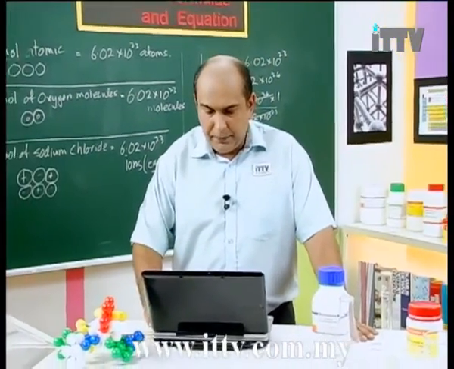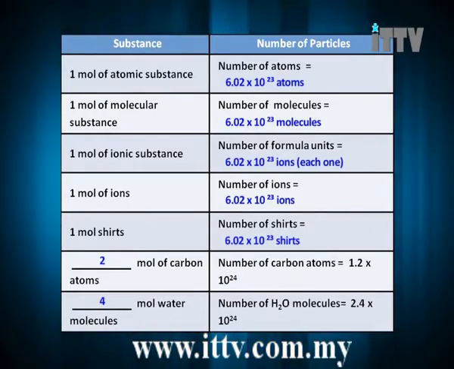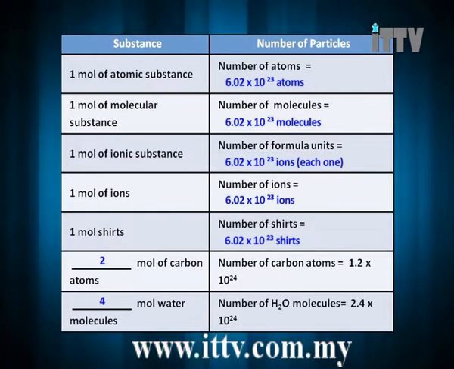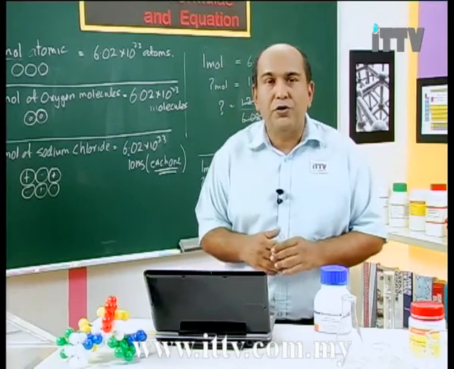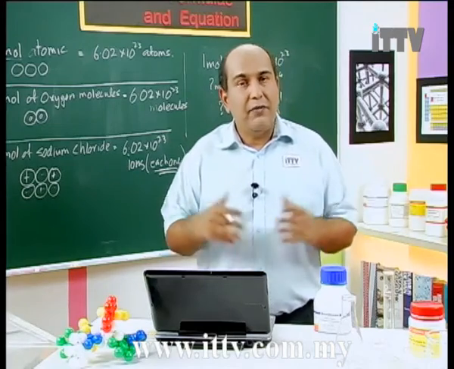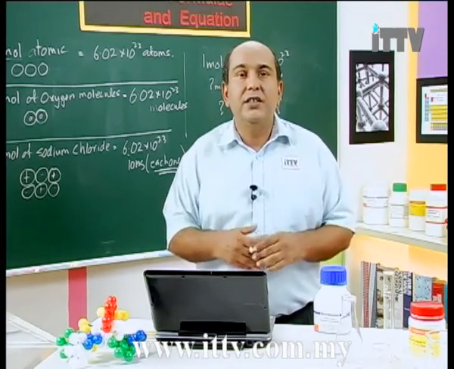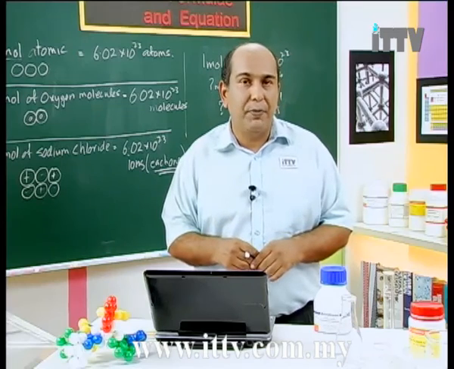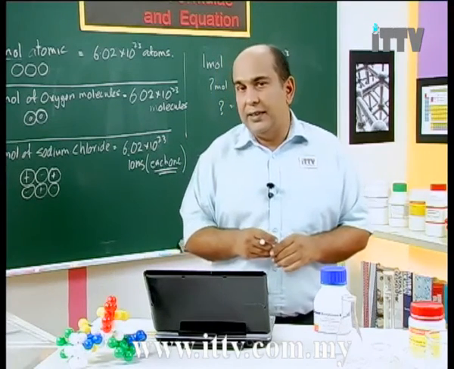Let's check. The answer in this case will be 4 mole of water molecules. Good. So 4 moles of water molecules have got the Avogadro number times 4, which is 2.4 times 10 to the power 24. So remember the key things here.